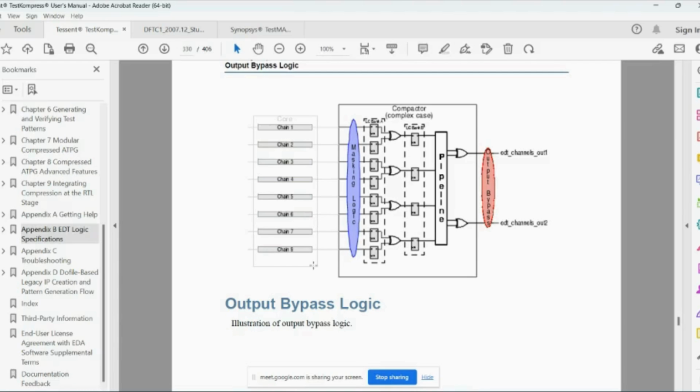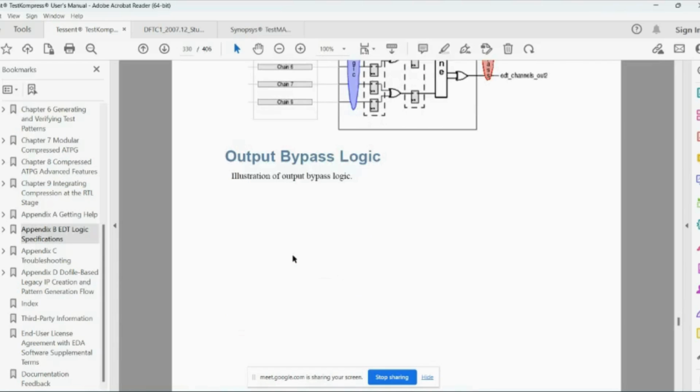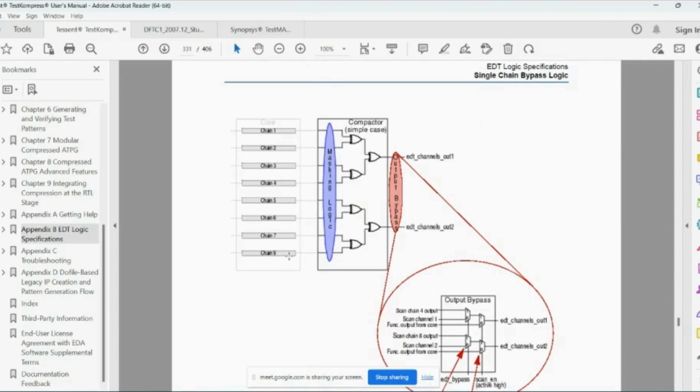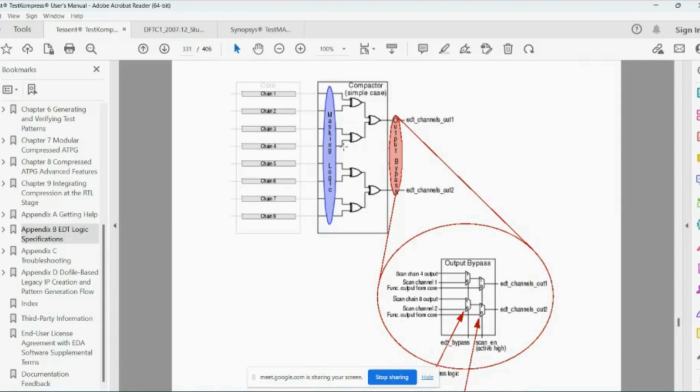Now, when you have this kind of structure and you're trying to capture this, let me show you the masking logic.